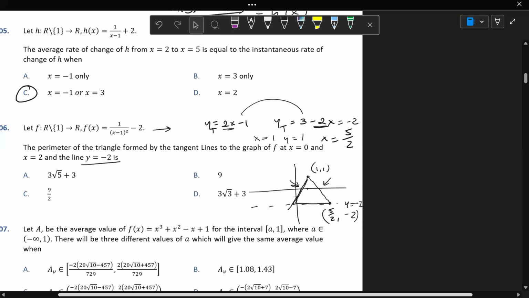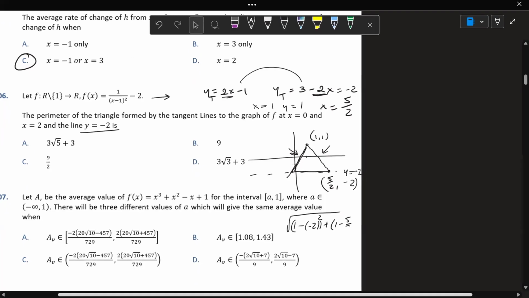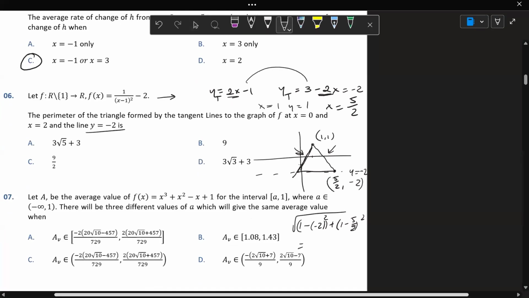So then we just use the distance formula. So (1 minus -2) squared plus (1 minus 5 over 2) squared. That gives you 1 minus -2, like root of 9 plus 9 over 4, and that is 3 root 5 over 2.